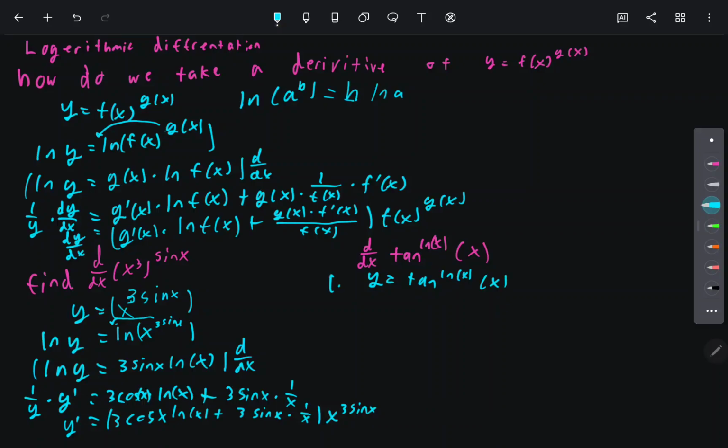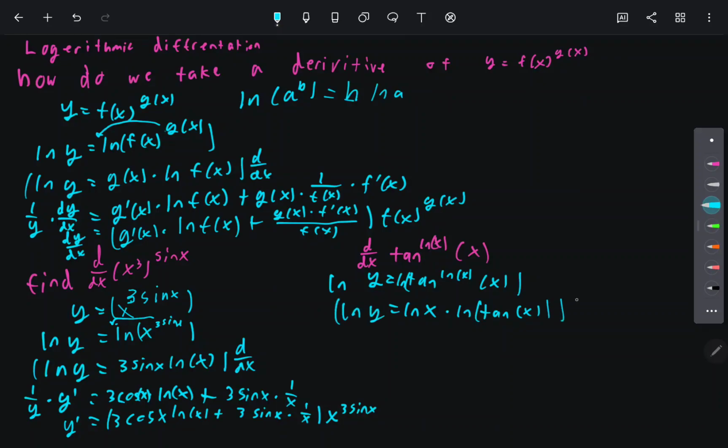We're going to take the natural log of both sides. We're going to use logarithmic properties to make this the natural log of x times by the natural log of tangent of x, okay, is equal to the natural log of y.